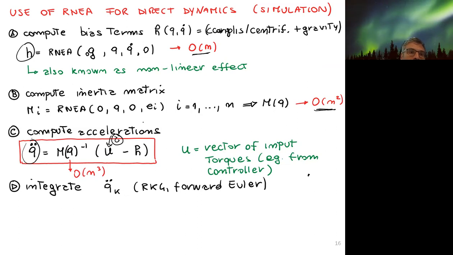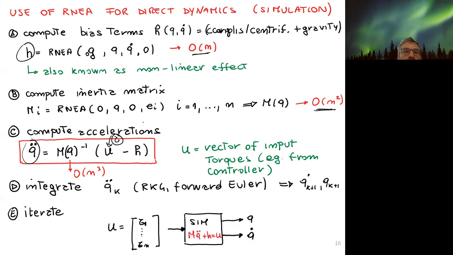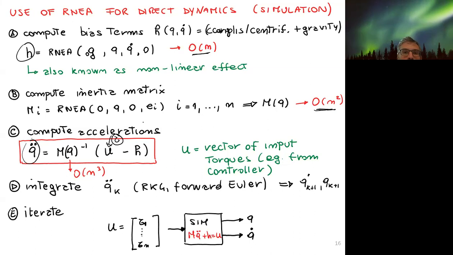If you want to do forward dynamics, once you get the acceleration, you need to integrate. Remember to integrate the acceleration with an integration algorithm that could be, for example, forward Euler or Runge-Kutta 4. From this, you get joint velocity and positions, and then you iterate for each loop, and you get the motion out of the torques.